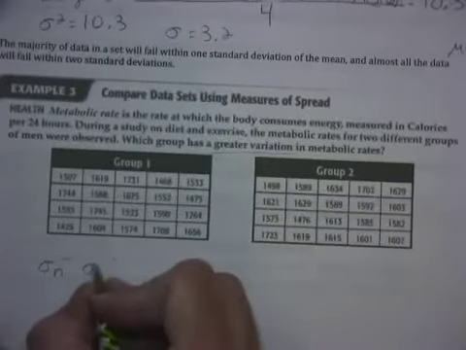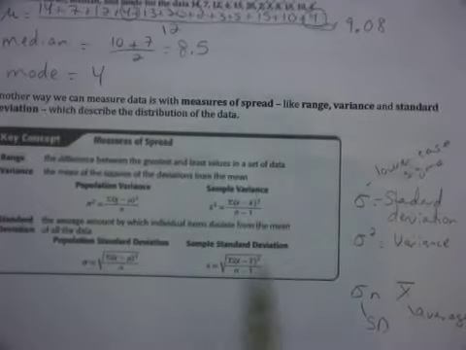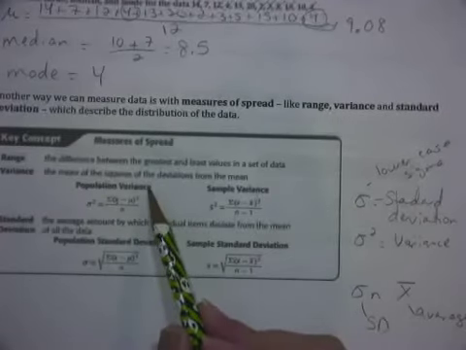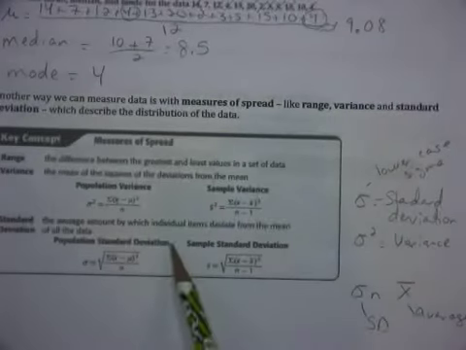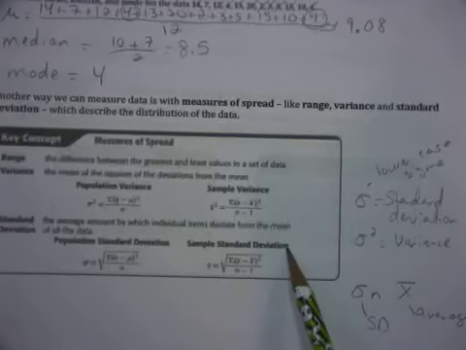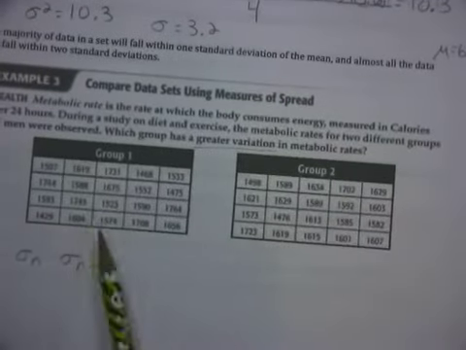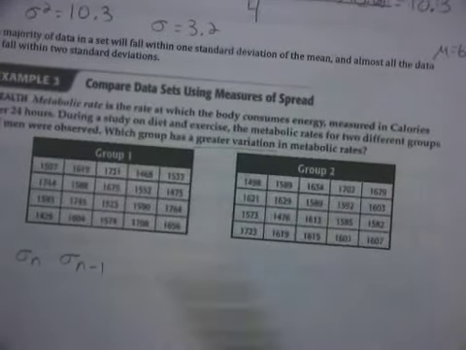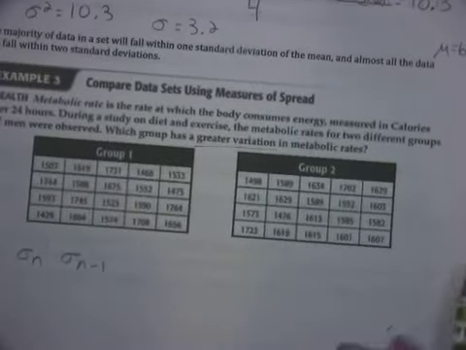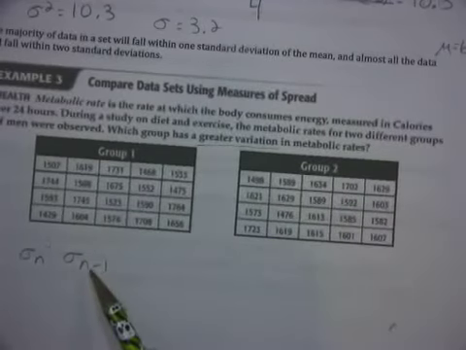I already talked about this button. You probably want to make sure you notice this button as well, because as I mentioned before, the formulas for finding a population variance and a sample variance and a population standard deviation and a sample standard deviation vary just a little bit. Okay, so in this particular example, this entire group of people, both of them put together, that's my population, but this is a sample and this is a sample.